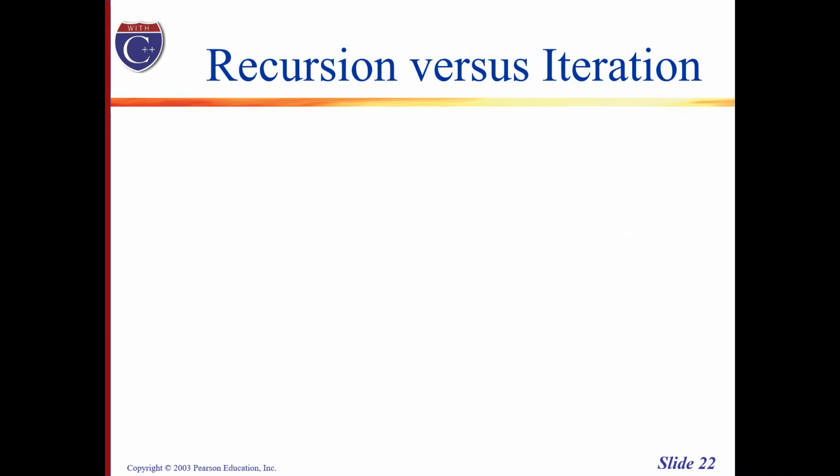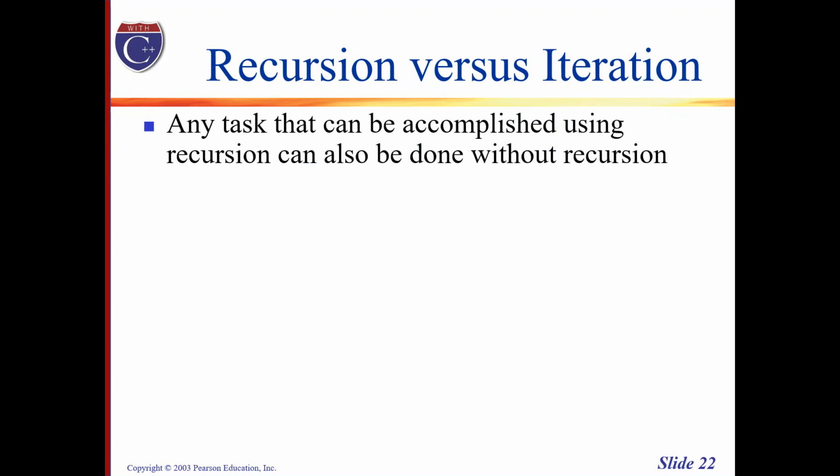Now, we will compare recursion and iteration. If we recall, any task that can be accomplished using recursion can also be done without recursion, which means we can always create another version of our recursive function, and that is by the use of iteration.